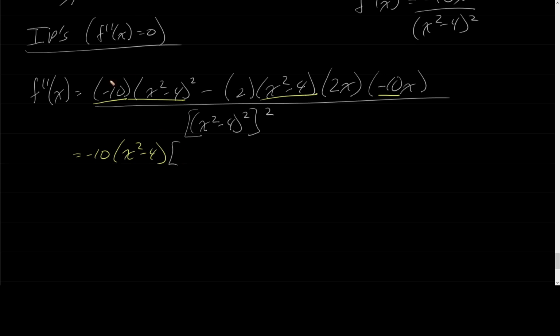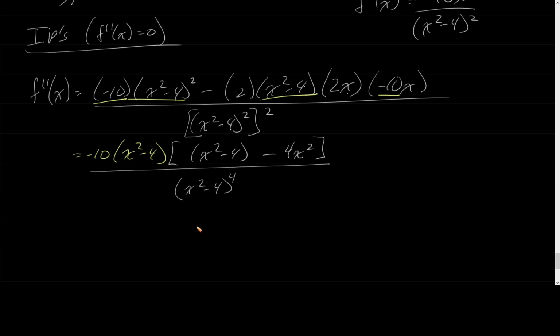I took out this -10, and I took out one of these x squared minus 4s, so I still have an x squared minus 4. Minus, on this side, the 2 is still there, the 2x is still there, the x is still there. So 2 times 2 is 4, x times x is x squared, so I have a 4x squared there. And on the bottom, it's simply x squared minus 4 to the 4th.